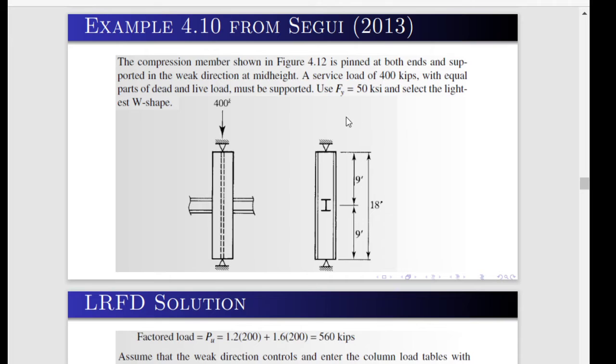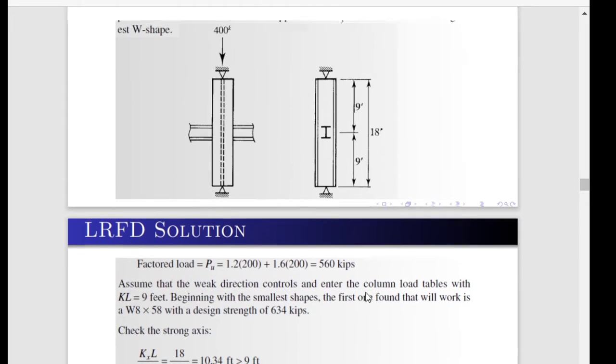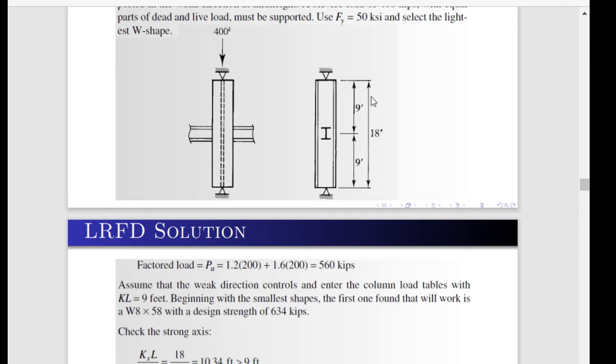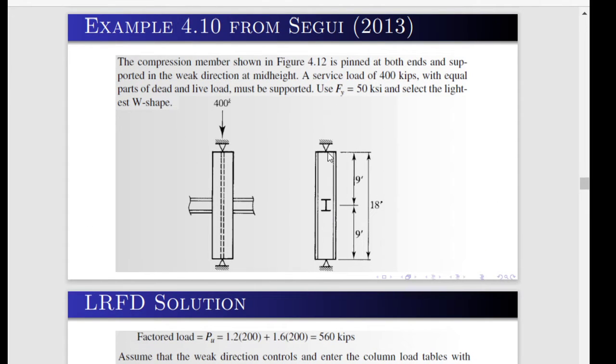If you see in this figure, we assume that the weak direction controls, so the effective length is in this weak direction, which is half of the column supported at mid-height.